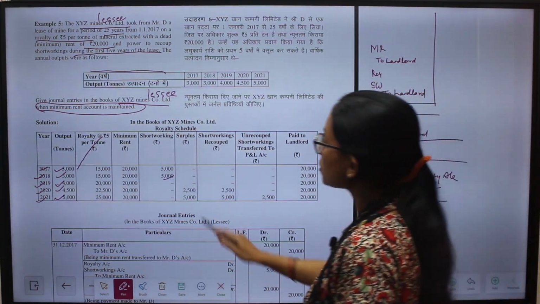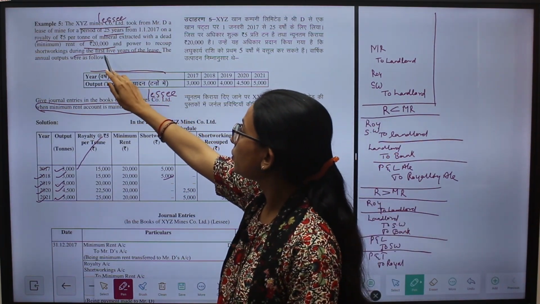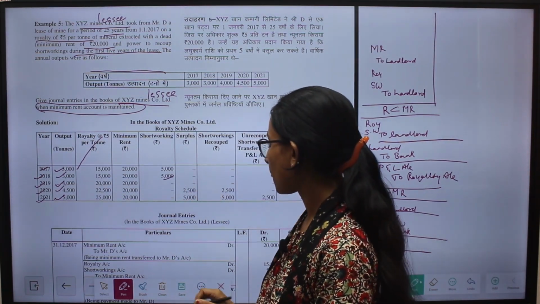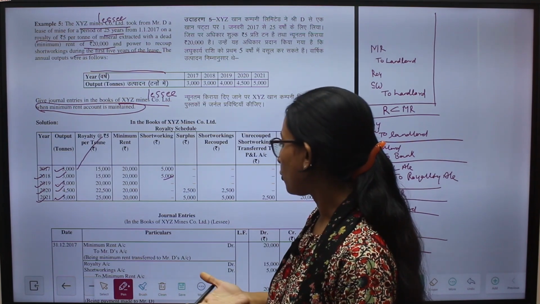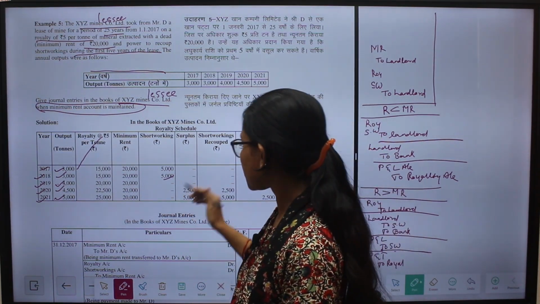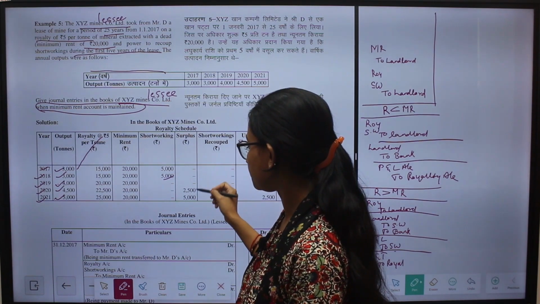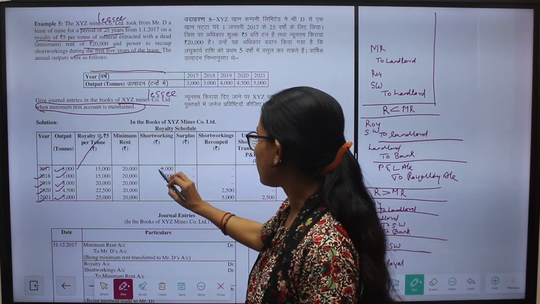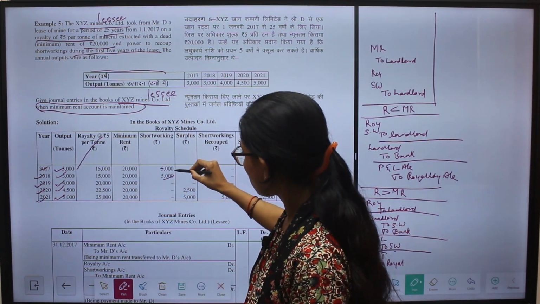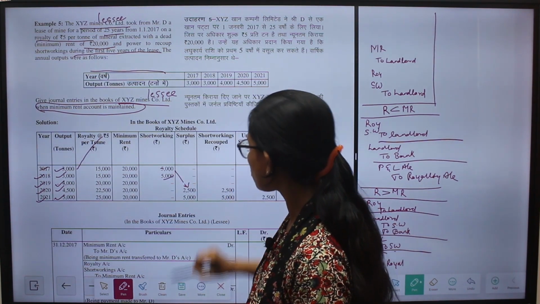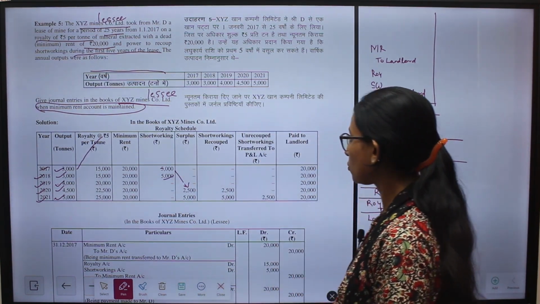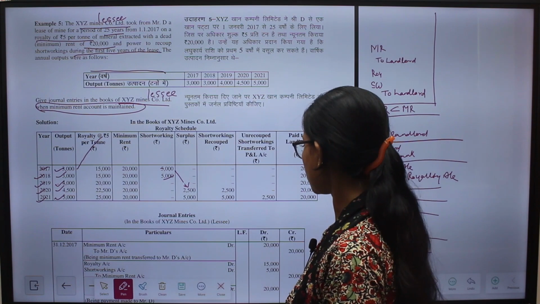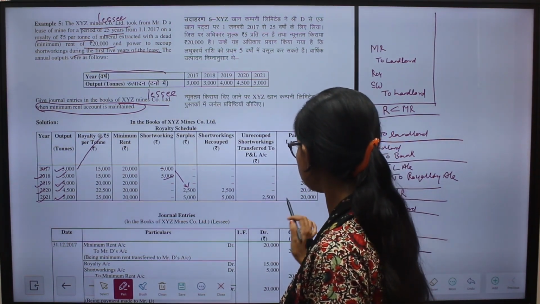So in 2020, because the recoupment is allowed during the first 5 years, and short working occurred in 2017, we get the opportunity of recoupment, because the surplus is in the year 2020. So of this short working amount of rupees 5,000, we can recoup rupees 2,500 in the year 2020. Then we will write over here in the recoupment column 2,500 rupees we have recouped.